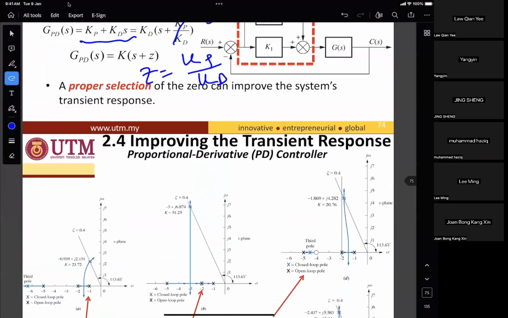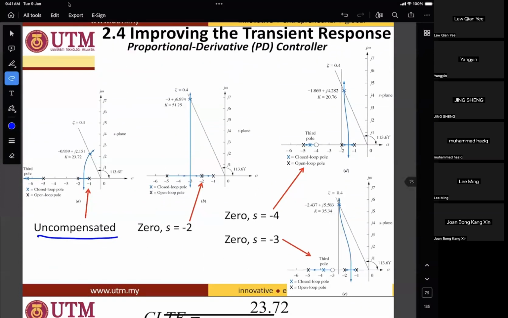So what is the open loop transfer function here?